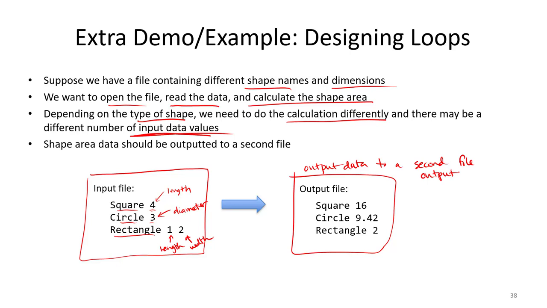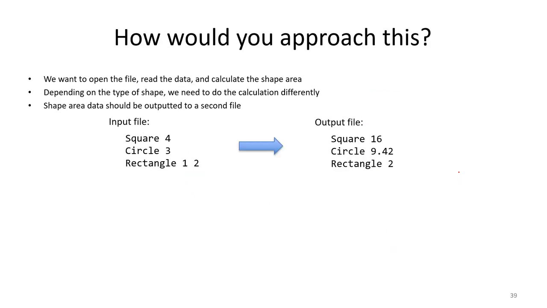Before we code this up from scratch, let's just briefly talk through what this program needs to do. How would you approach this? Well, we need to open the file, read the data, and find the shape area. Let's assume that we have done everything correctly to open the file.